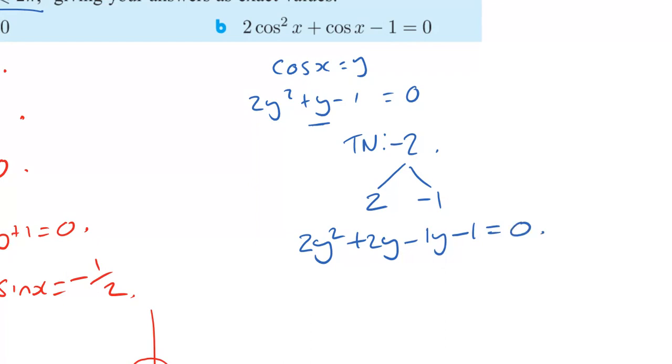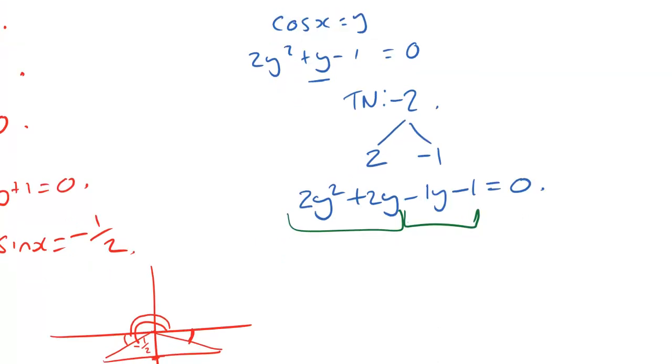And then we're going to factorize the left and factorize the right, and we are aiming to have the same terms in the bracket. So we'll have 2y taken out of the left-hand side, and we'll be left with a y plus 1. On the right-hand side, if we take a -1 out, we'll be left with a y plus 1 as well.